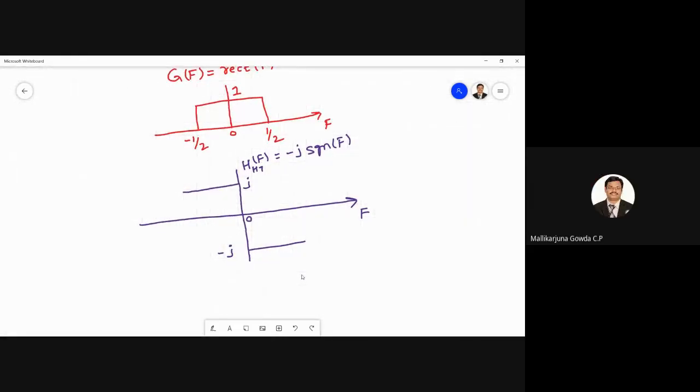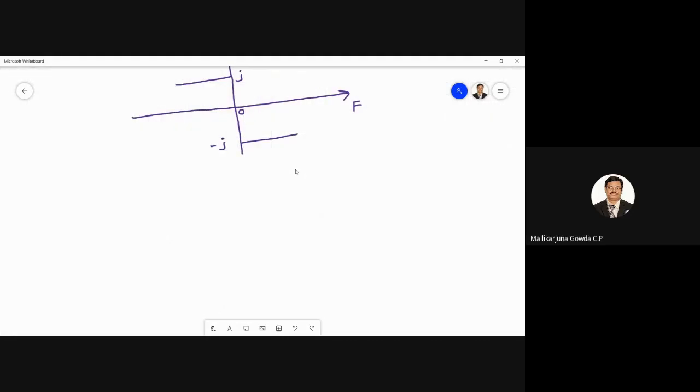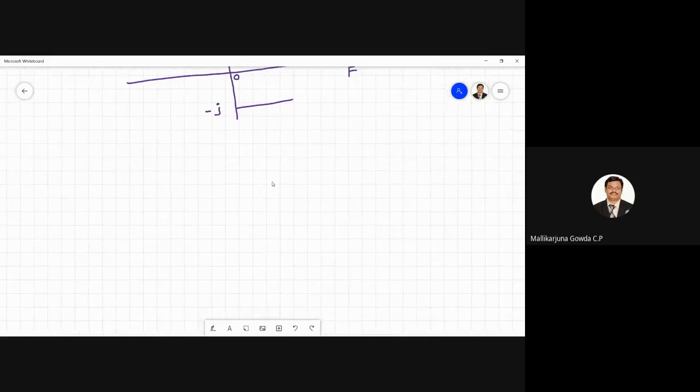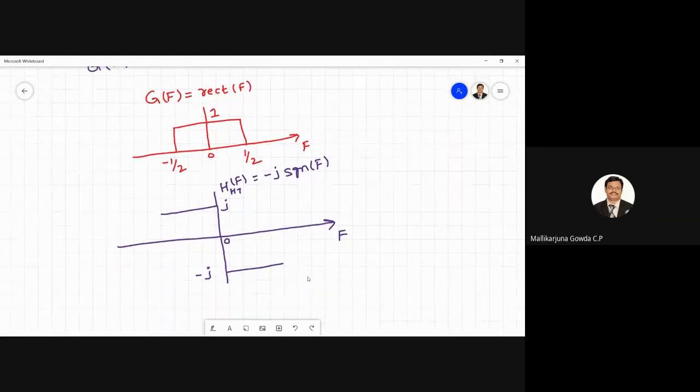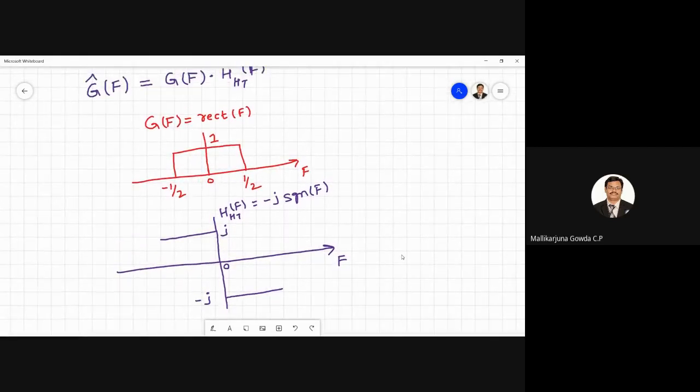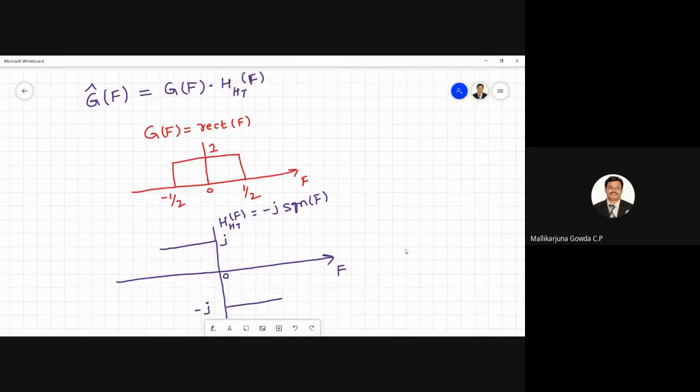It's very, very simple. Multiplication of those two signals, G of f and HST of f.